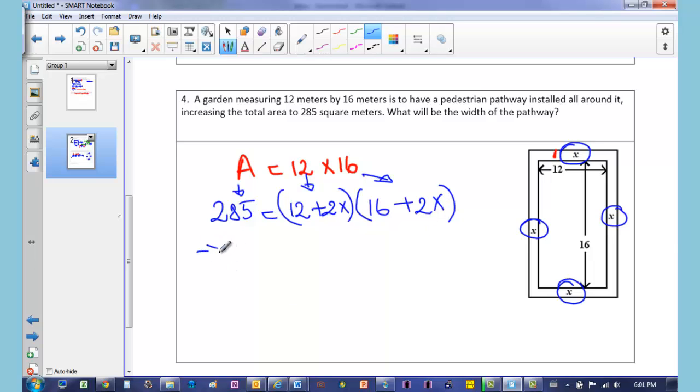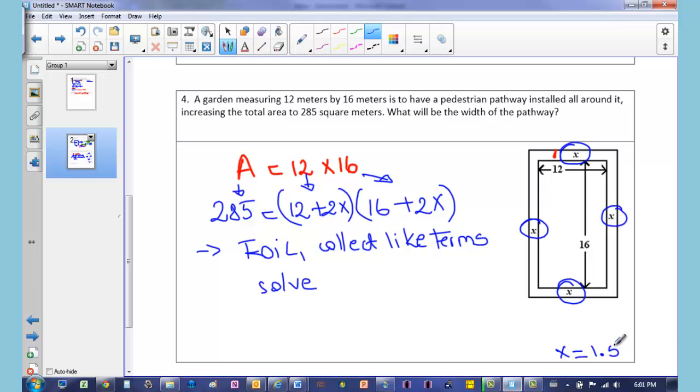What I want you to do at home is FOIL, collect like terms, and solve. And I'm hoping that you will obtain the x value that we can use is 1.5. I will leave that up to you, and you can ask me questions in class if you're having any difficulty solving this quadratic equation on your own at home.